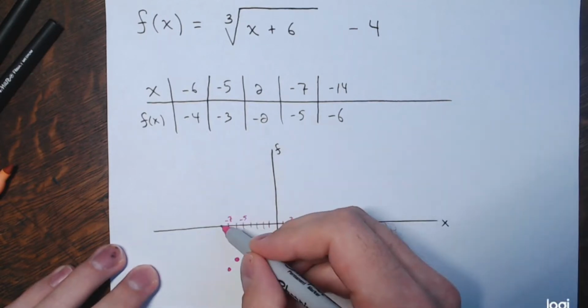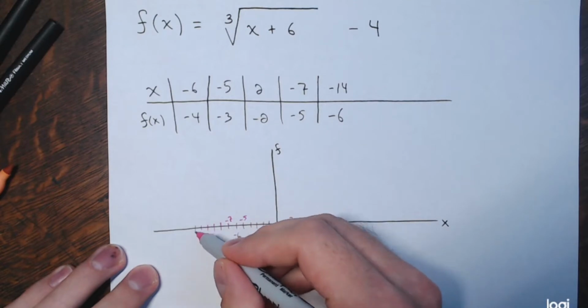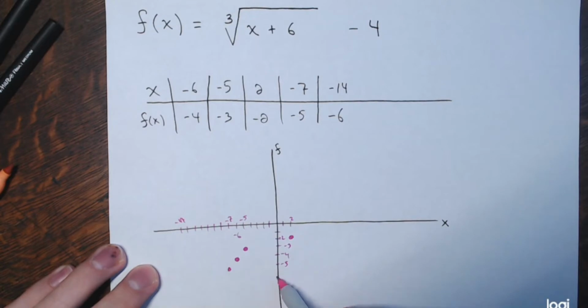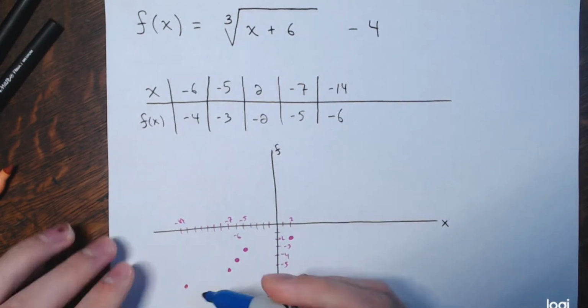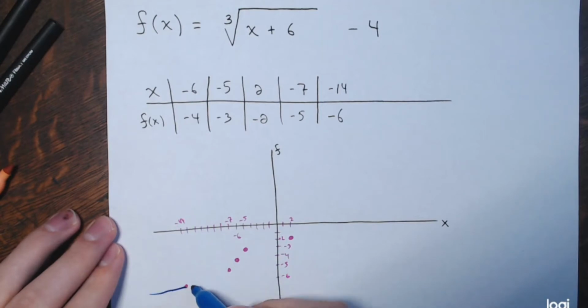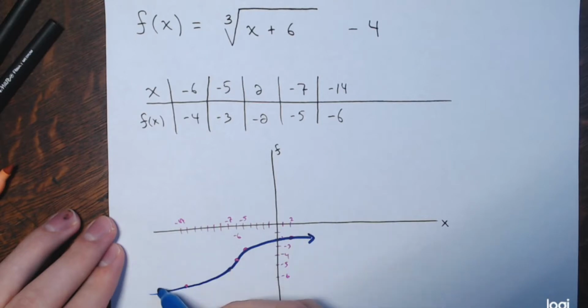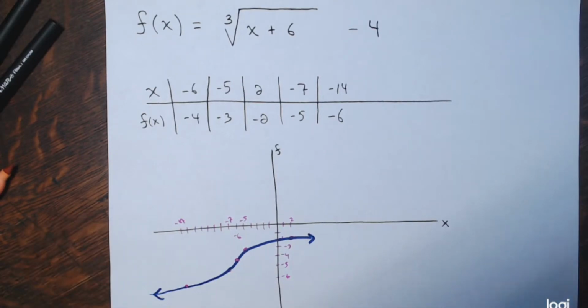And -14, -6. And we get this curve here, like the other cube root, something like this.